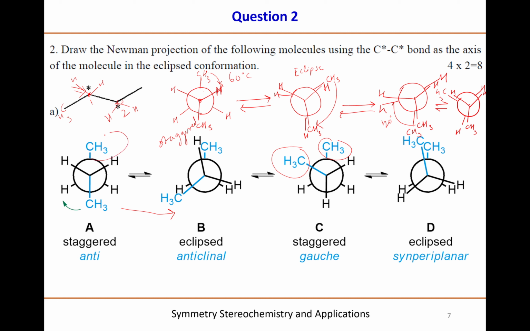When both the methyl groups are on opposite sides to each other, giving a 180 degree angle, that time it's called the anti-staggered form. And in eclipsed conformation, when both the methyl groups are away from each other and present in eclipsed form, that is called the anticlinical. And when both the methyl groups are overlapping on each other, that is called synperiplanar.